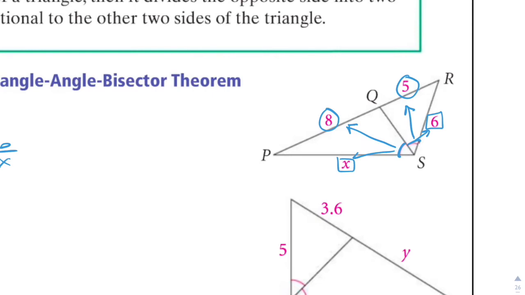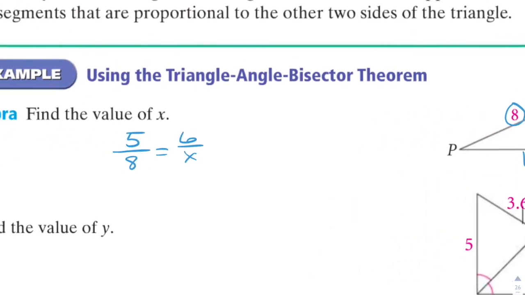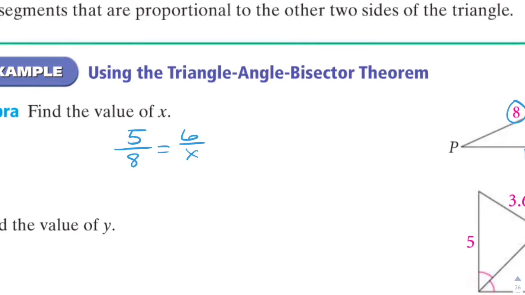You don't have to set it up that way. You could have stayed within the one triangle. You could have done 5 is to 6 as 8 is to x, and you still would get the cross products that would get you to where you need to be.